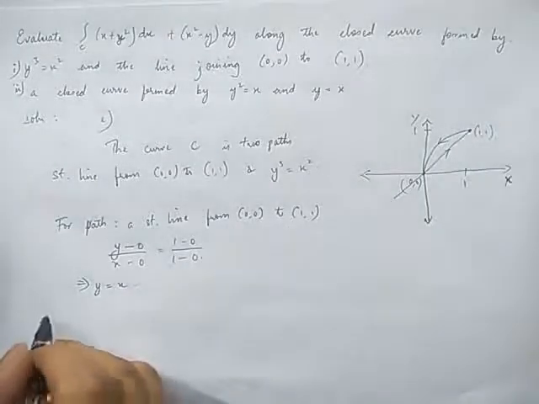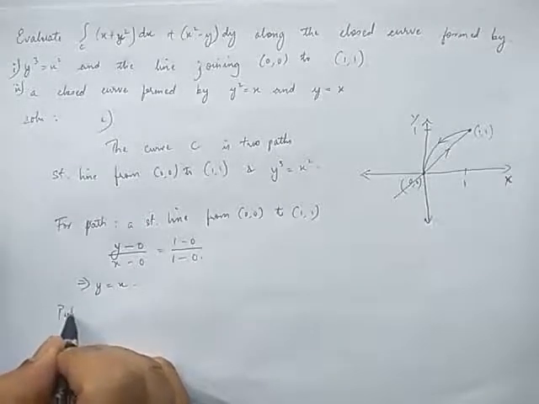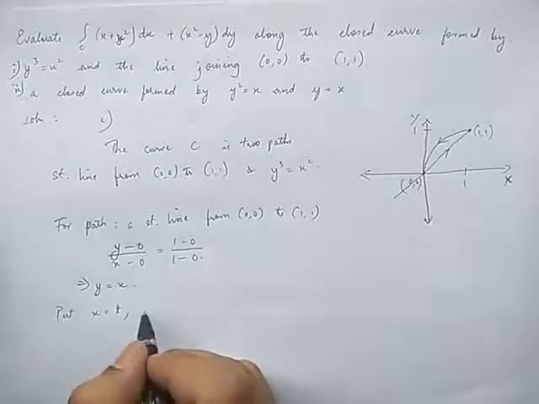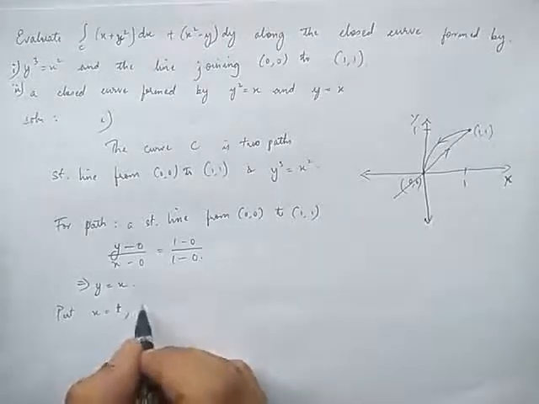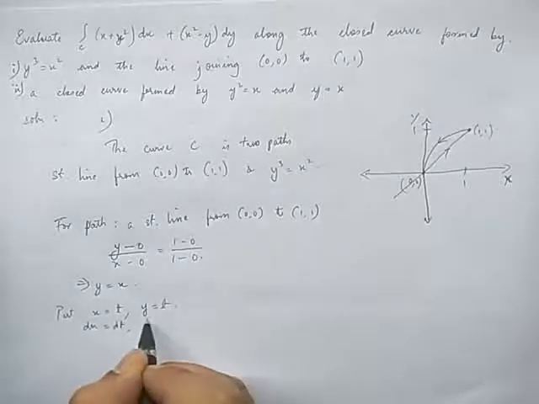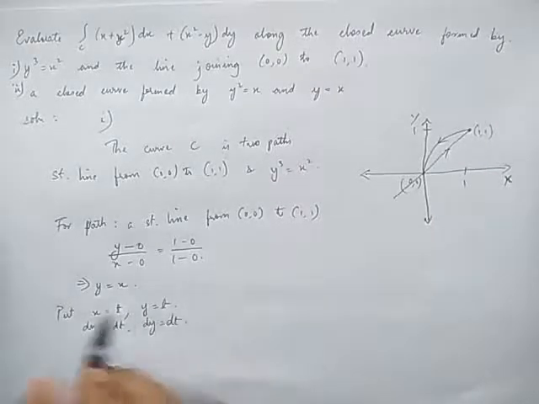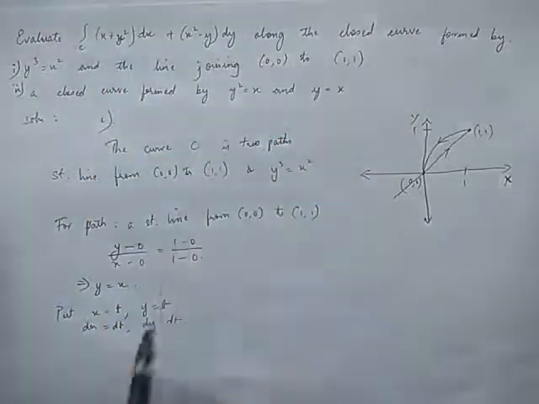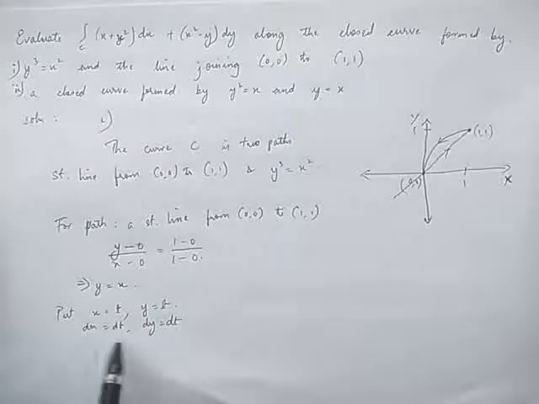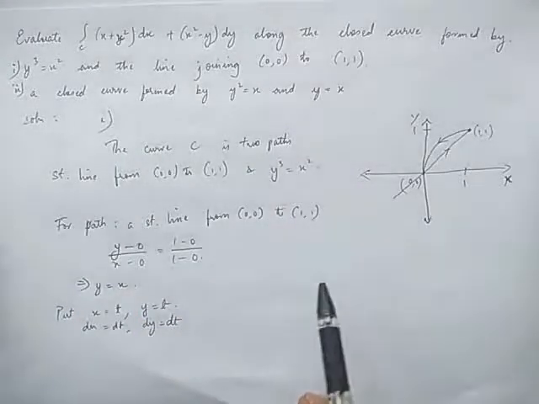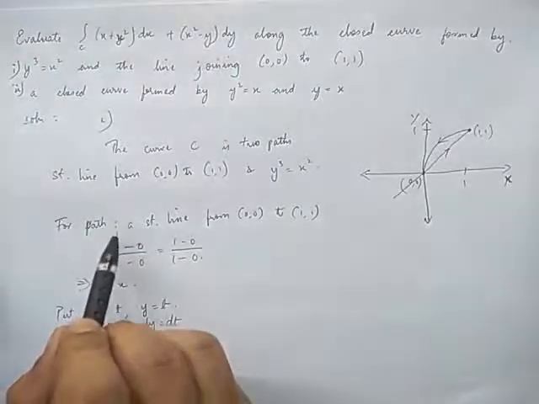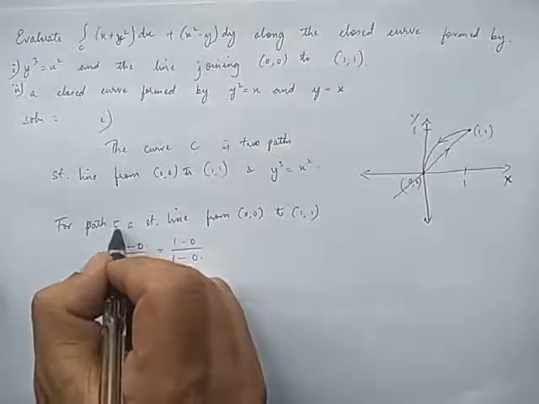For this one I can put x equal to t, then it follows that y equal to t also. So dx is equal to dt, and dy is also equal to dt, and you can put everything in terms of t. Let's say this path, the straight line, is C1.